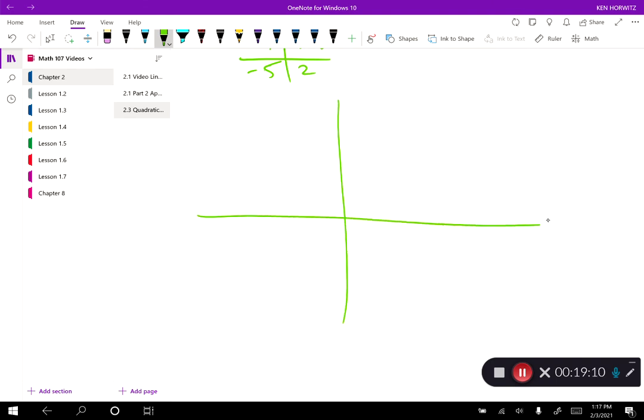Let's see. So I got 1, 2, 3, 4. 1, 2, 3. My vertex is at negative 3, 4. Negative 2, 3.5. Negative 1, 2.